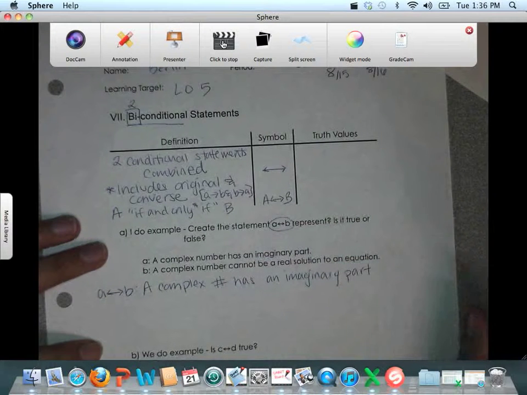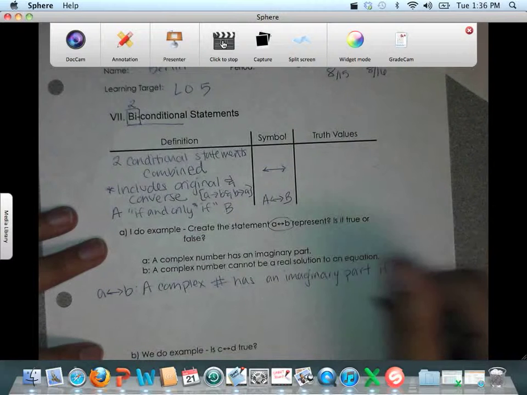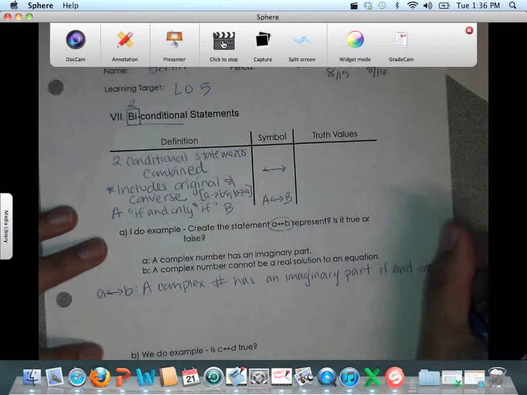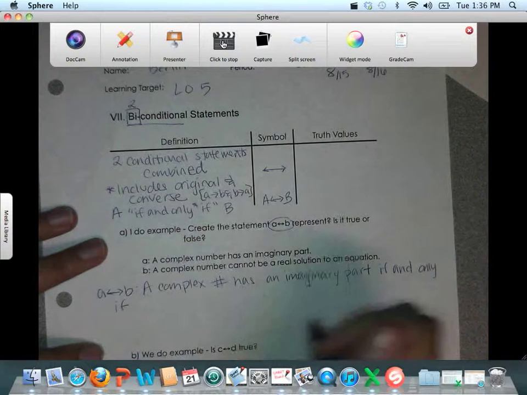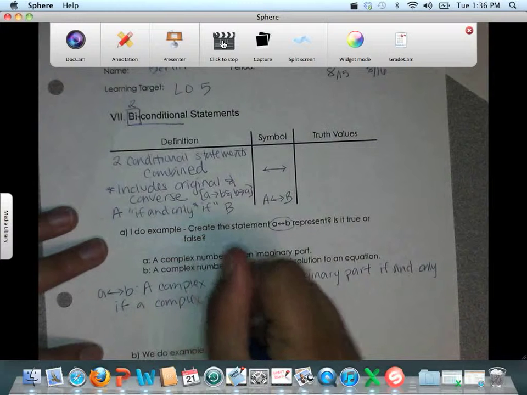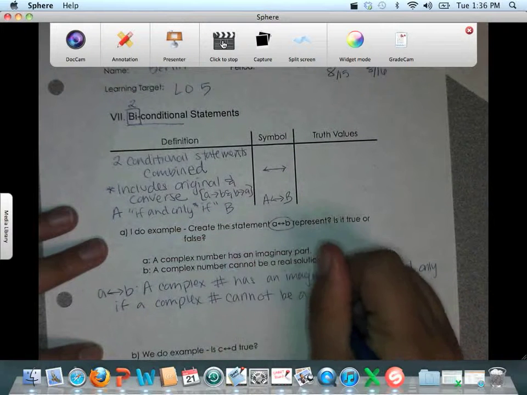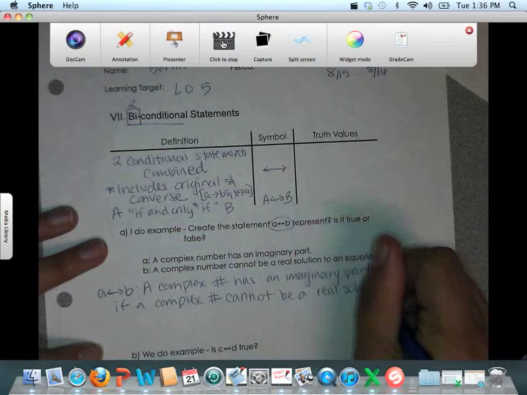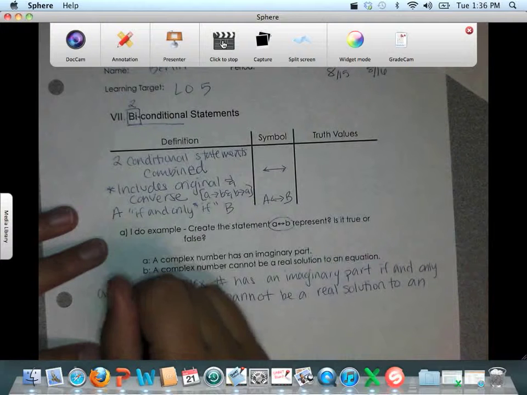That's statement A, if and only if statement B: a complex number cannot be a real solution to an equation.